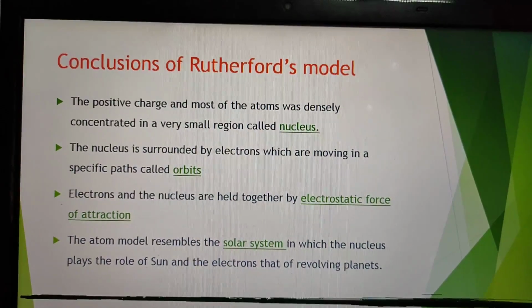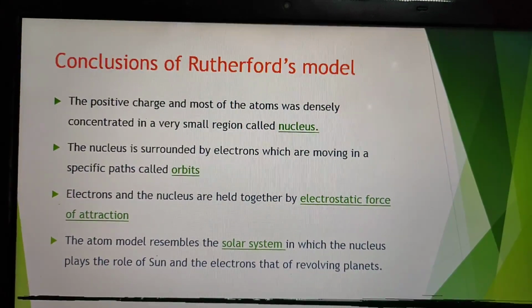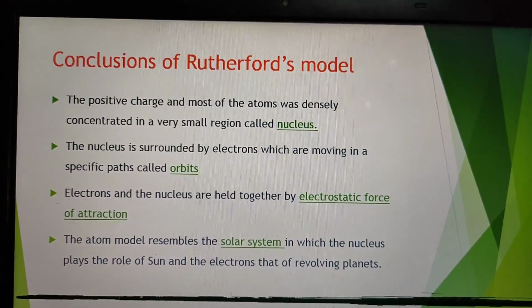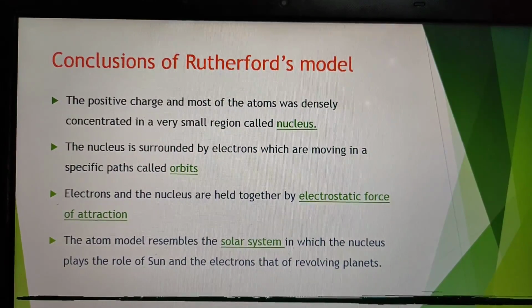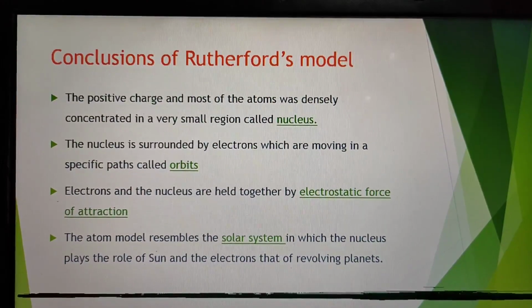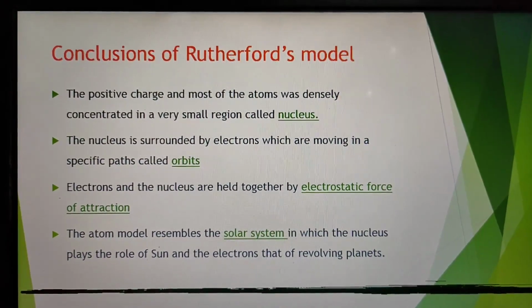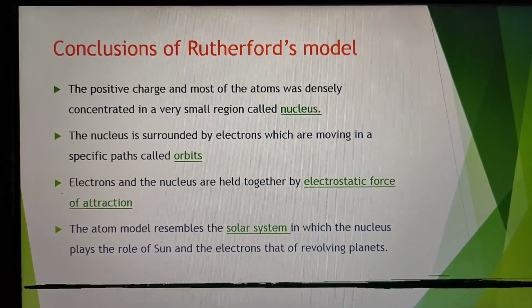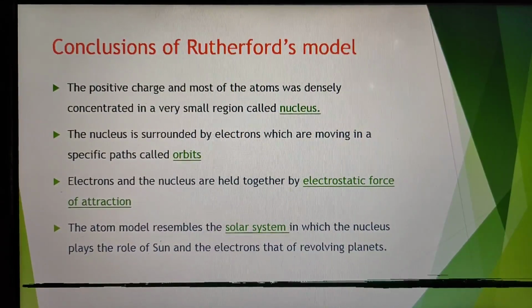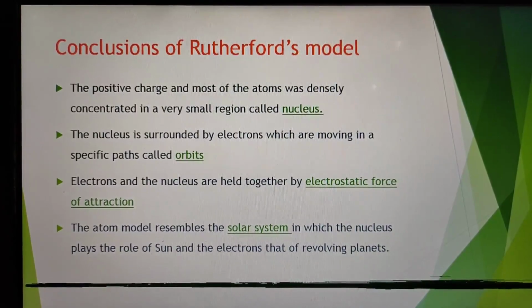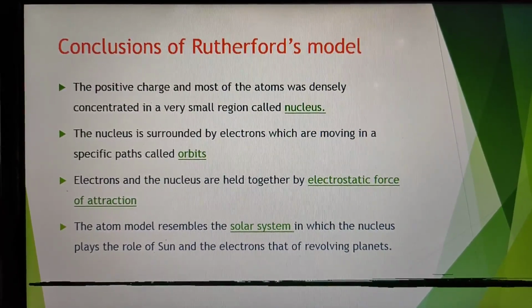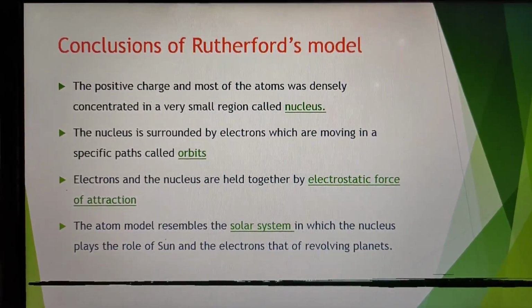Now we will see the conclusions of Rutherford's model from the experiment he has done, that is, the alpha particle scattering experiment. The first point is the positive charge and most of the atom's mass is concentrated in a very small region called the nucleus.